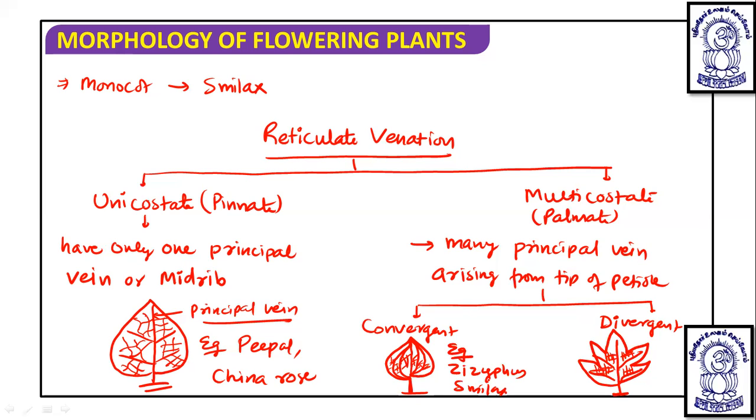Divergent is seen in castor, that is Ricinus, and grapevine, which is also known as Vitis. In this way reticulate venation can occur in different plants.